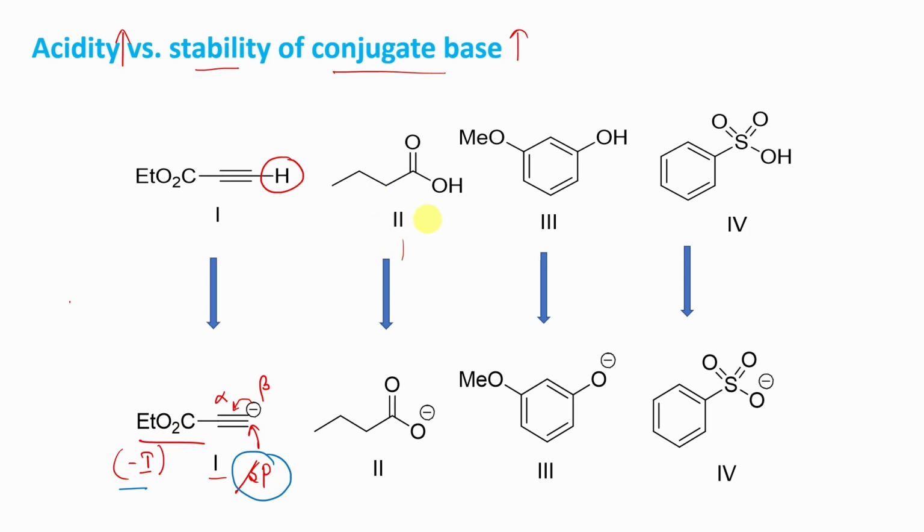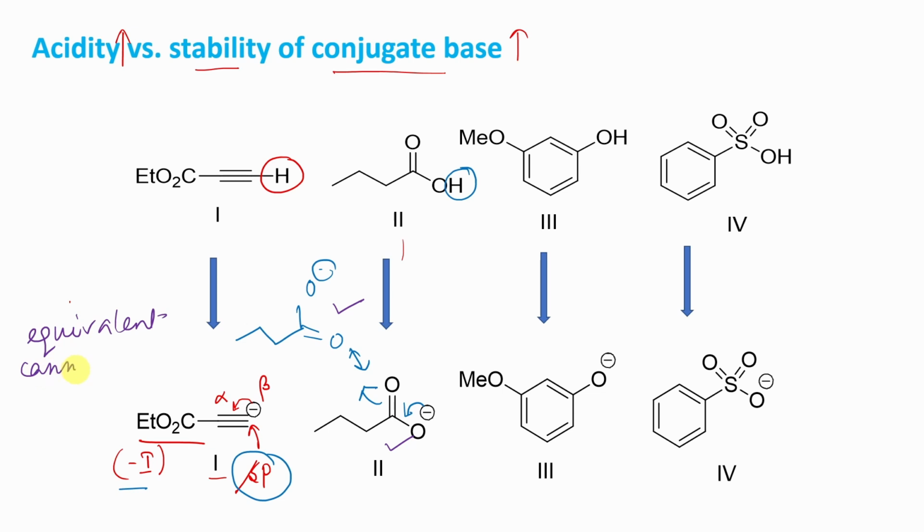Now the next option is a carboxylic acid. If you remove this carboxyl proton, what remains? This O-, the conjugate base. It is resonance stabilized, so you can draw one canonical form in this way. It is O-, and a double bond O. This is the carboxylate anion, and there are two equivalent canonical forms, meaning this canonical form and this canonical form are the same.